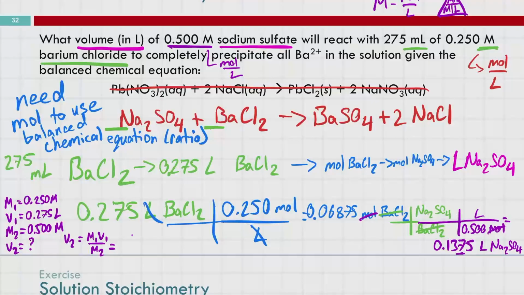So we are going to put 0.250 molar times 0.275 liters over 0.500 molar. The molarities cancel, and we should be left with the same exact number. So 0.25 times 0.275 divided by 0.5. We get out 0.1375, round it for 3 sig figs, liters.